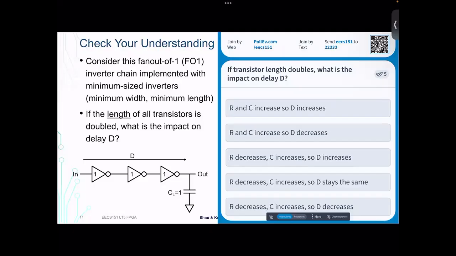All right, the poll is now live. If you have been able to figure out the answer, please head to the Poll Everywhere website. Since we haven't used this in a couple of weeks, you'll have to drag it out of your browser history and then respond to the poll.